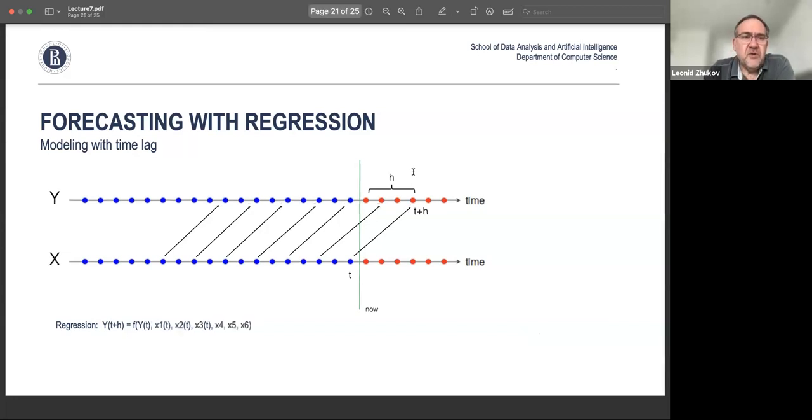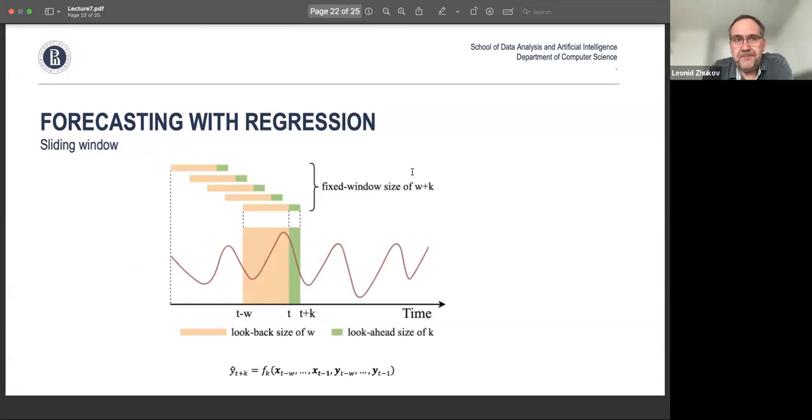Now, if on top of it you have more variables, not only y but also x's, then you add those to your regression. So y at t plus h will be a function of y at time t, and also all other variables, x1, x2, x3, etc., and also constant factors. That creates a regression that generates a forecast for you.